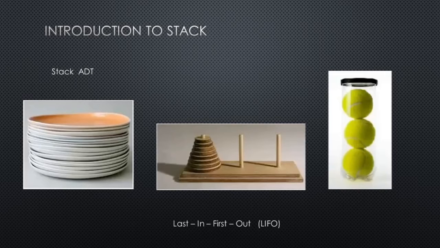For the sake of argument, this is fine. For the other 2 examples, where we have discs and a peg and tennis balls in a package that can only open from one side, there is no way you can take out an item from the side. Any insertion or removal has to happen from the top.